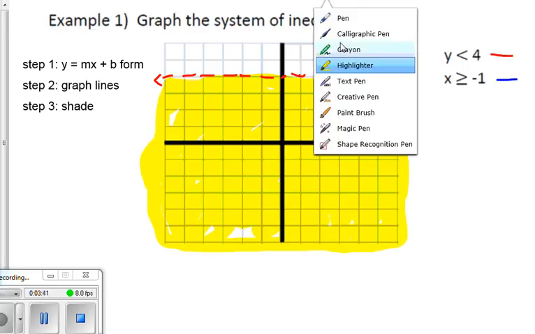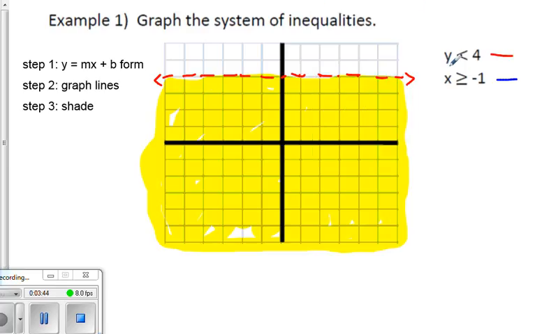Now we need to look at the inequality x is greater than or equal to negative 1. That's going to look like the line x equals negative 1. So I go to my x line, find negative 1, and plot some points on here. Oops, I'm doing this in black. I should be doing it in blue. These are all blue points. So this is my x equals negative 1 line.